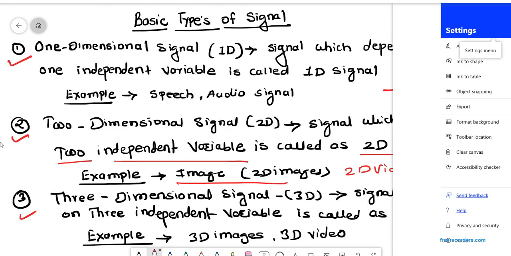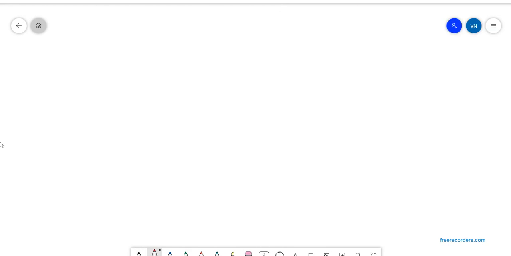Sometimes you can also define a fourth one, a four or more dimensional signal.